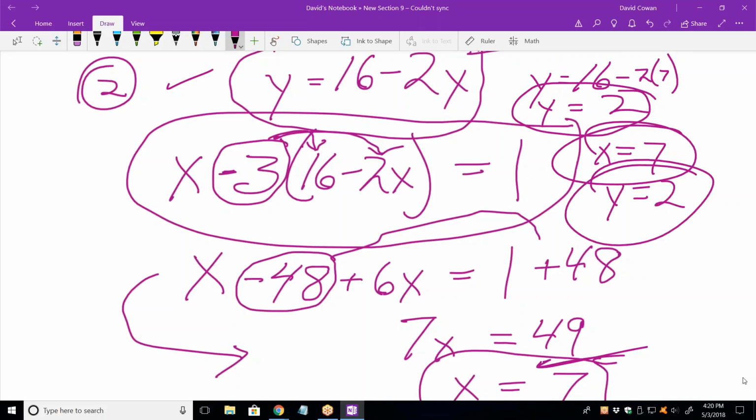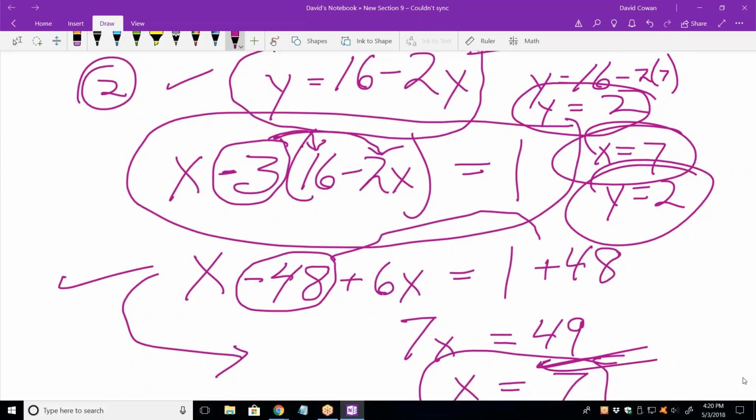And you always have to solve for both variables. But you solve for them one at a time. In other words, we eliminate the y, or we substitute. In this case, we substituted, so that we had only one equation and one variable, just x. That allows us to solve for x.